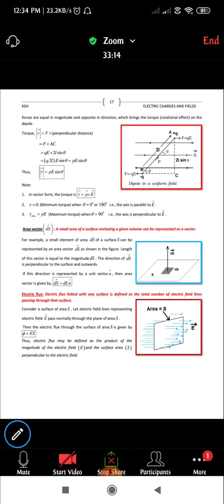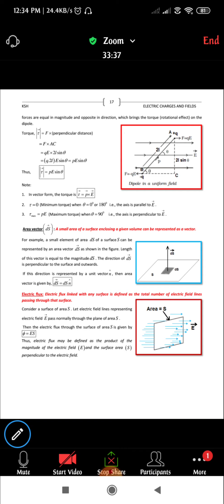Coming to the electric flux. Electric flux linked with any surface is defined as the total number of electric field lines passing through that surface. The electric flux is nothing but the number of electric field lines passing through a given surface.